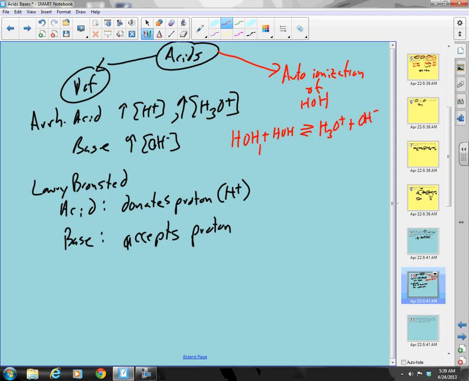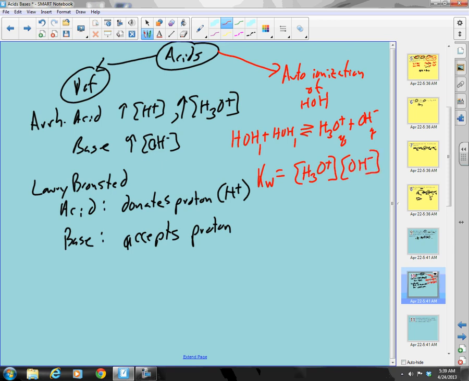Liquid, liquid, aqueous, aqueous. This is what we mean by the auto-ionization. Auto meaning self, that water self-ionizes into hydronium and hydroxide, and there is a K related to that, and that K is equal to, since it's an equilibrium, the hydronium concentration times the hydroxide concentration.